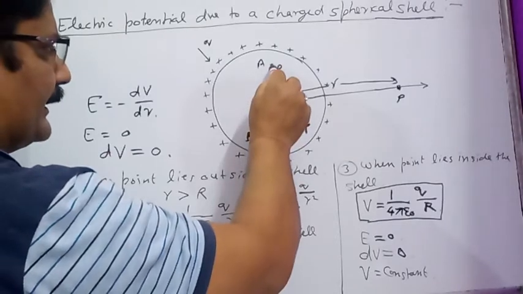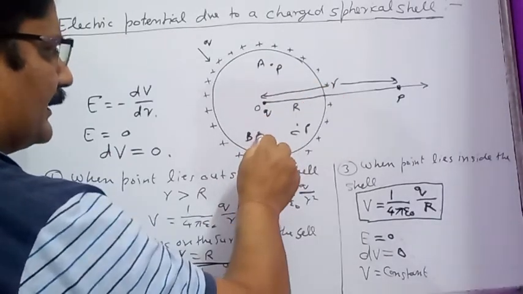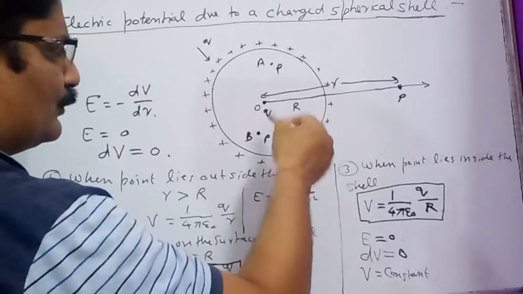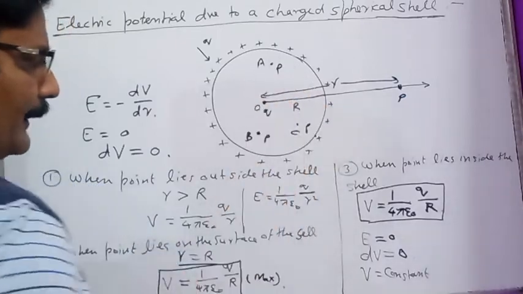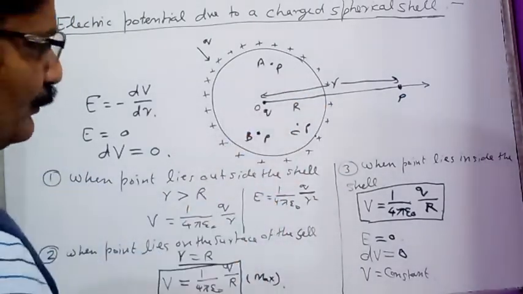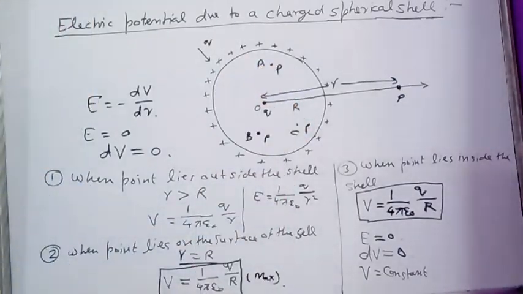Means potential at A is going to be same as potential on the surface of the cell, potential at B is same as potential on the surface of the cell, and potential at C is going to be same. So inside a spherical cell, potential is going to be same as potential on its surface due to a charge distribution.